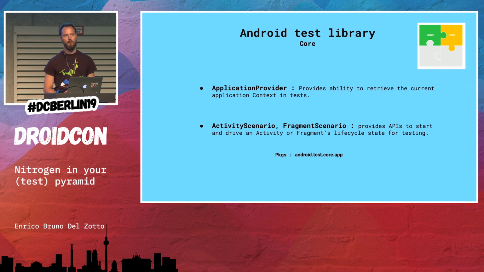The activity scenario and the fragment scenario are used in order to drive your activity or fragment through the different states of the activity in one case, and of a fragment in another. So you can test when your application is created, stopped, recreated, and so on. The same for the fragment.